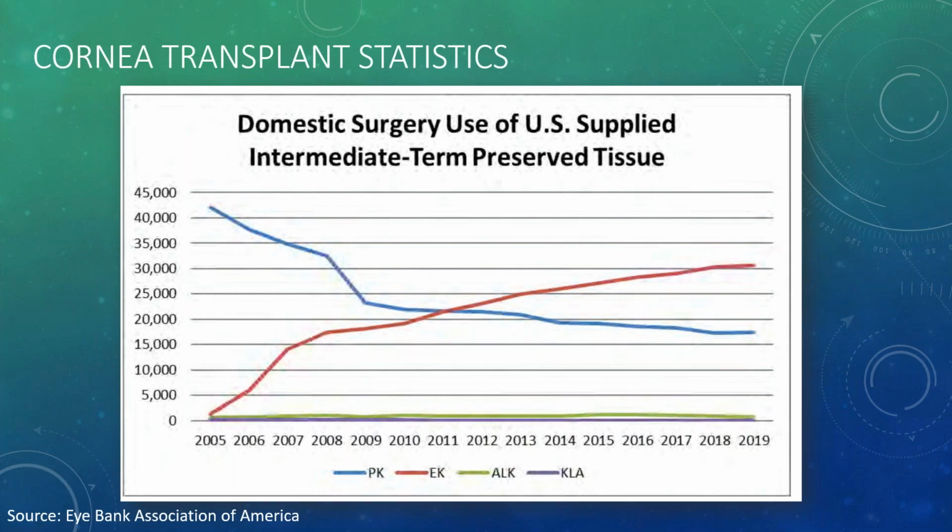But if you look at EK, which is DSEK, DMEK, or any variation of one of those procedures, it was practically zero in 2005. And as of 2019, we did about 31,000 endothelial keratoplasties.